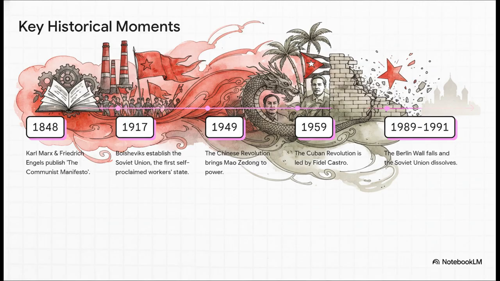That's when Lenin and the Bolsheviks established the Soviet Union, and from there the momentum was just incredible. China in '49, Cuba in '59. I mean, at its peak, about a third of the entire world lived under governments that were trying to build communism. But, as you can see on the timeline, the end of the century brought this huge, dramatic reversal with the fall of the Berlin Wall and the collapse of the Soviet Union.